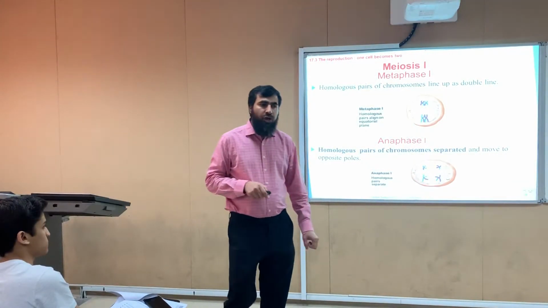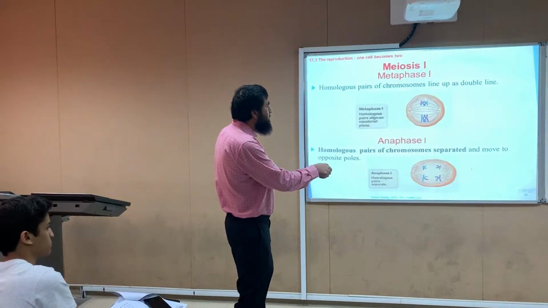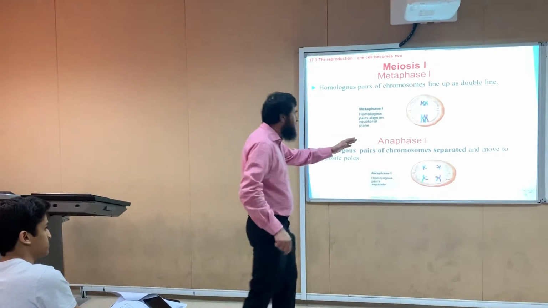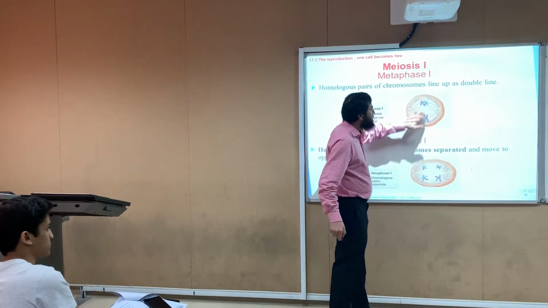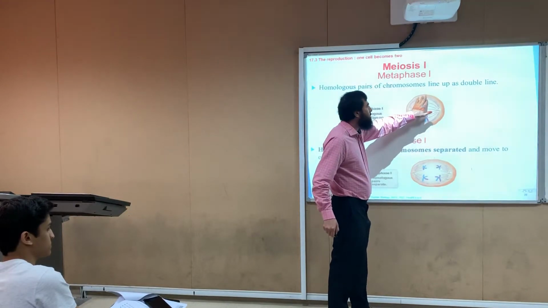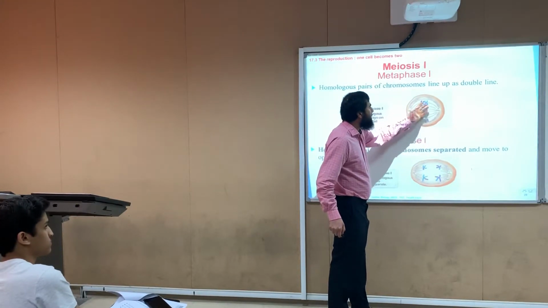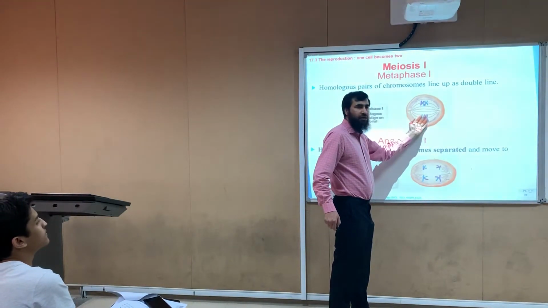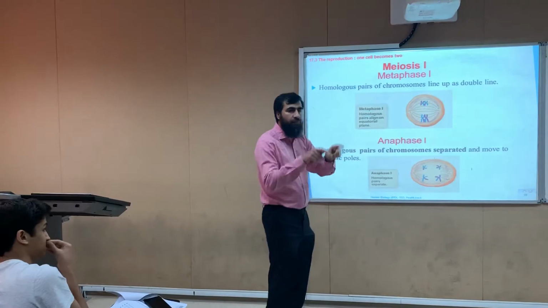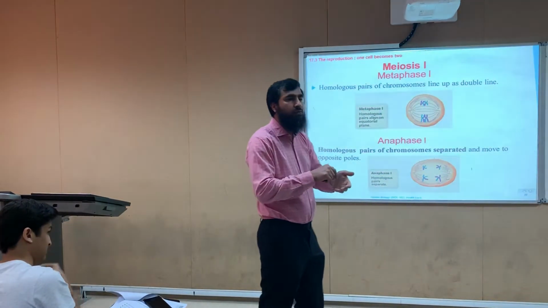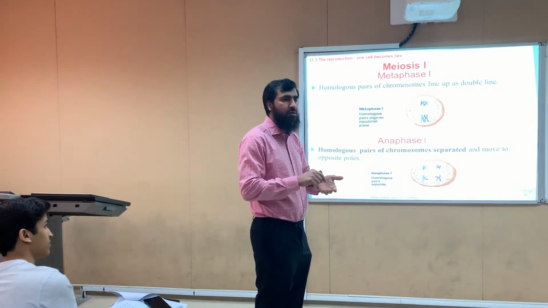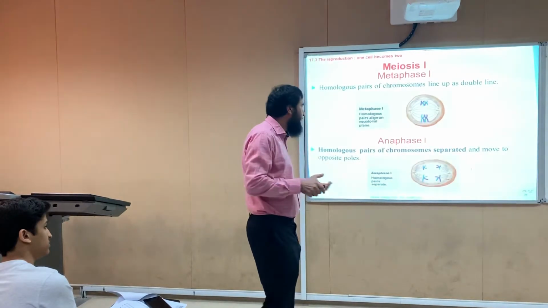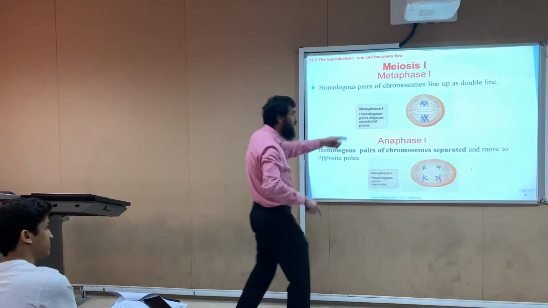The chromosomes line up independently of one pair to the other, so there's no reliance on the second pair for how these two line up. This one can line up this way, or the other way. When we do the probability, we find we get 8 million different variations just from that.